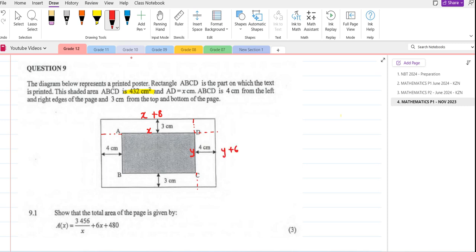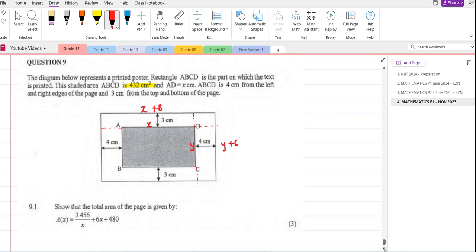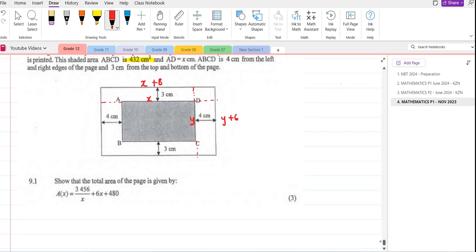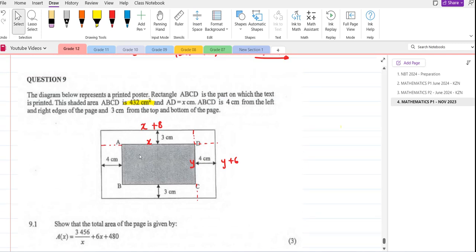Show that the total area of the page is given by, what's the area of the page? Where's the page?